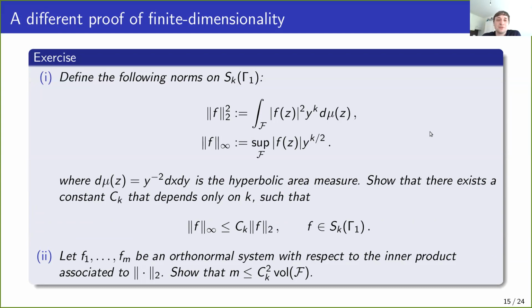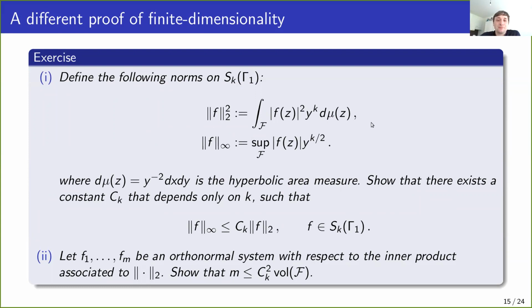I give it as an exercise, so it's going to be in a sheet which we'll send out, or which we'll put on the website, I guess. The exercise is, you can obtain the finite dimensionality by, first of all, it's enough to look at cusp forms, but moreover, you can define certain norms in that space.